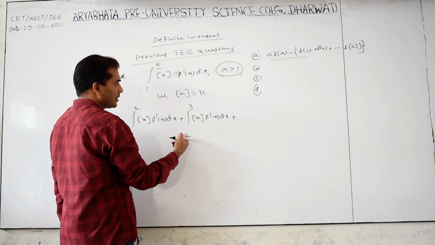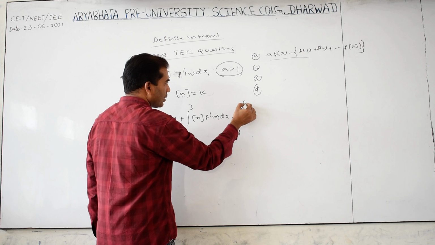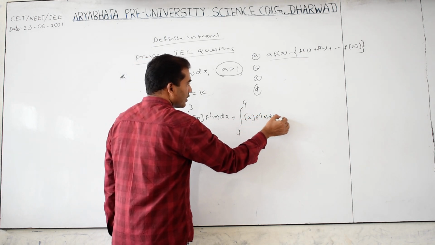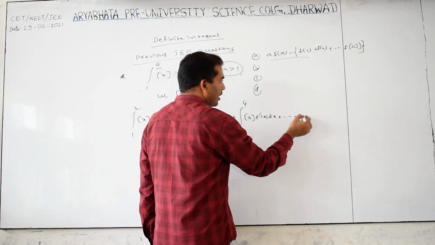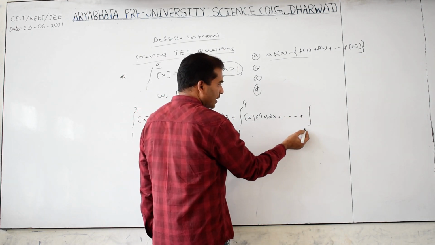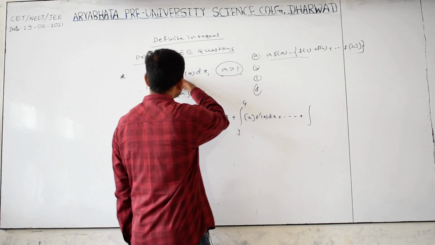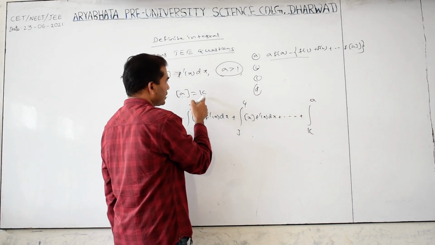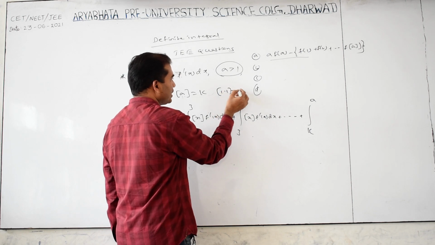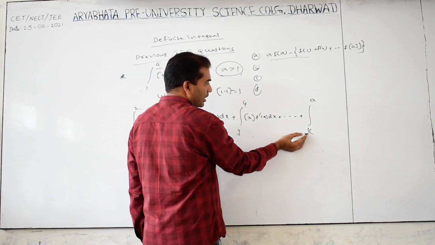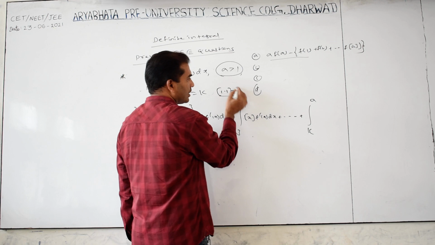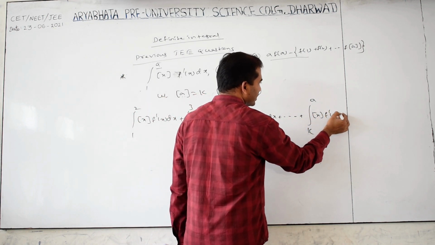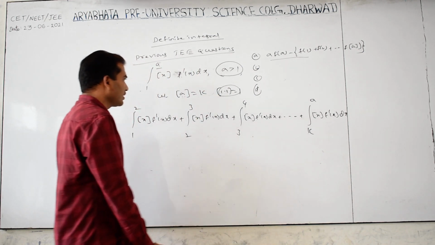Next 3 to 4, and so on. The last one is k to a, because [a] is k, and below that is the step of 1.1, which is 1.